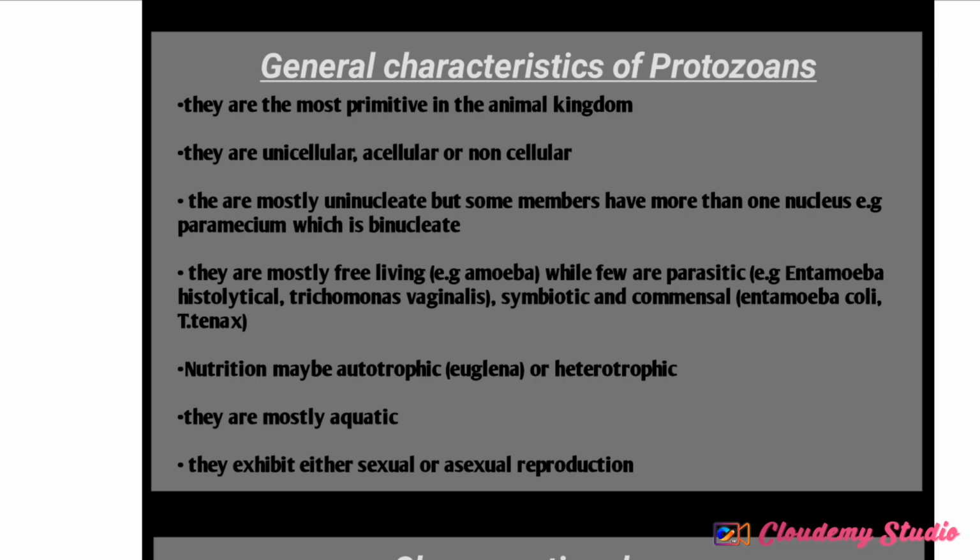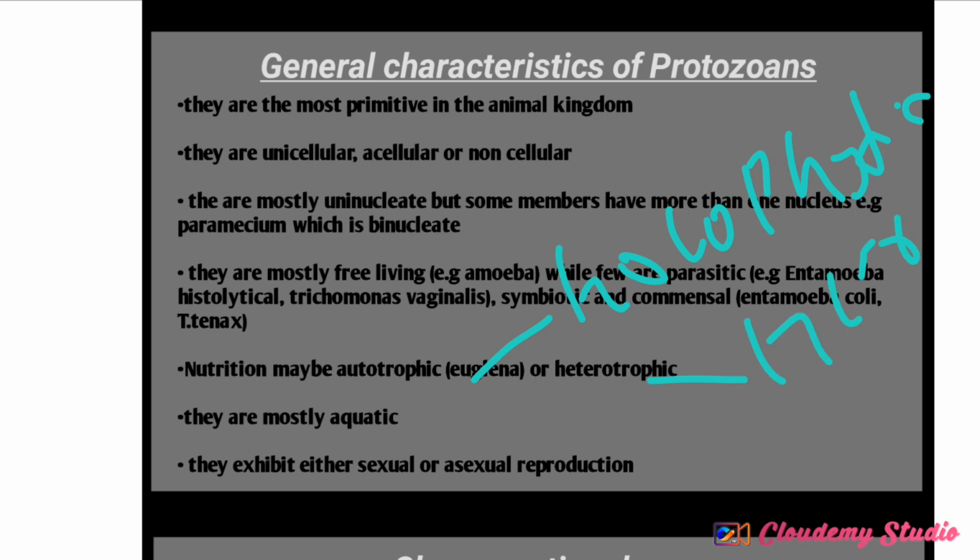Nutrition may be autotrophic, or autotrophic is also termed holophytic. So they can also be holophytic or heterotrophic, which is holozoic. You understand? So they can either be holophytic or holozoic. That is, they can either feed like plants or they feed like animals.